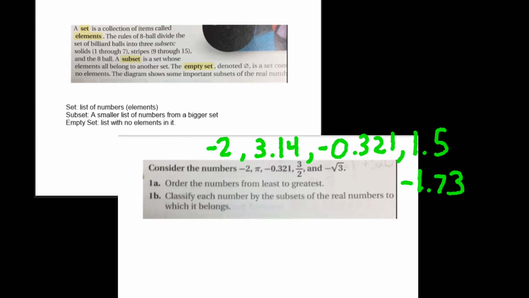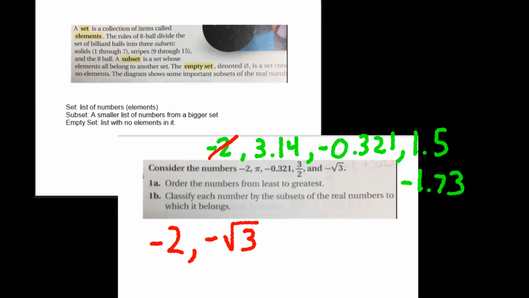What's the smallest number? It's -2. What's the next smallest number? Well, our next smallest decimal is -1.73, which is the equivalent of -√3.